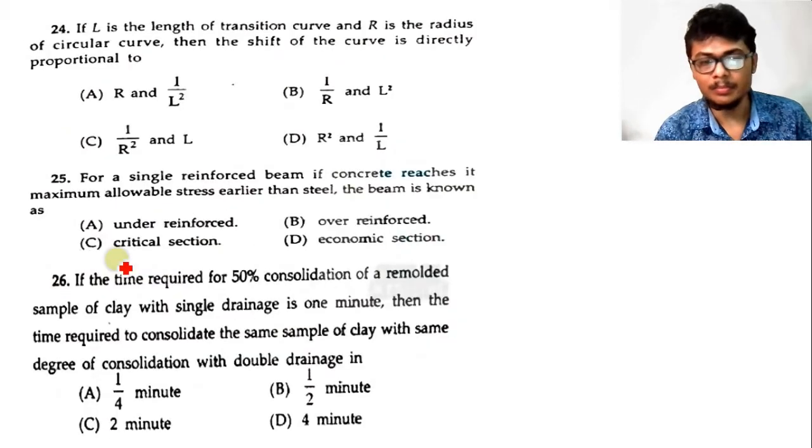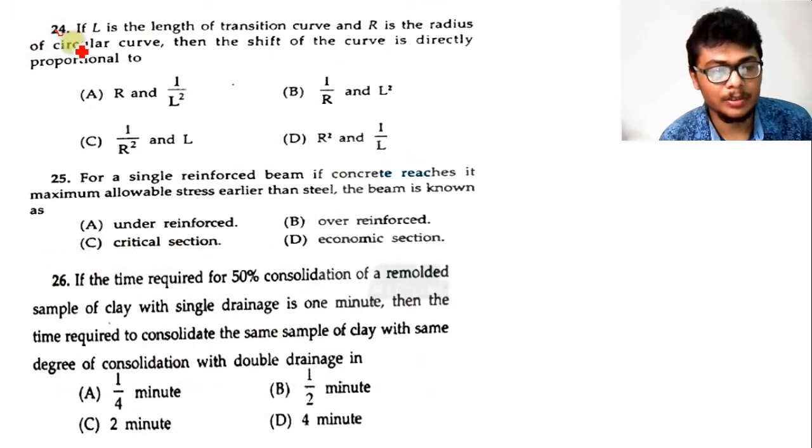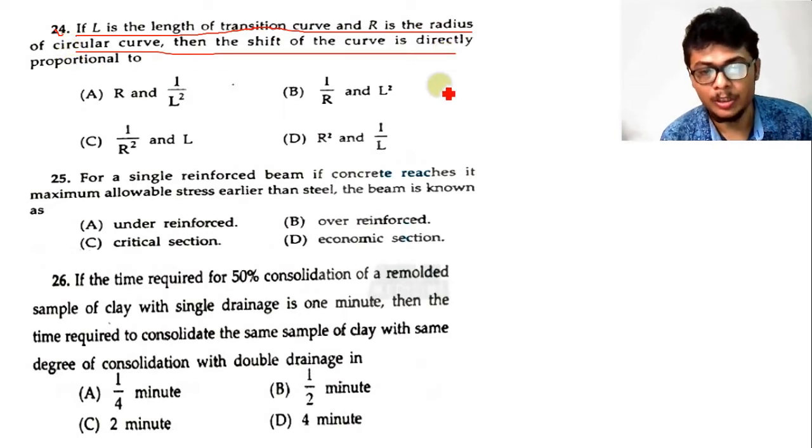Next question, question number 24. If L is the length of the transition curve and R is the radius of the circular curve, then the shift of the curve is directly proportional to. First, I have to know the formula of the shift of the transition curve.